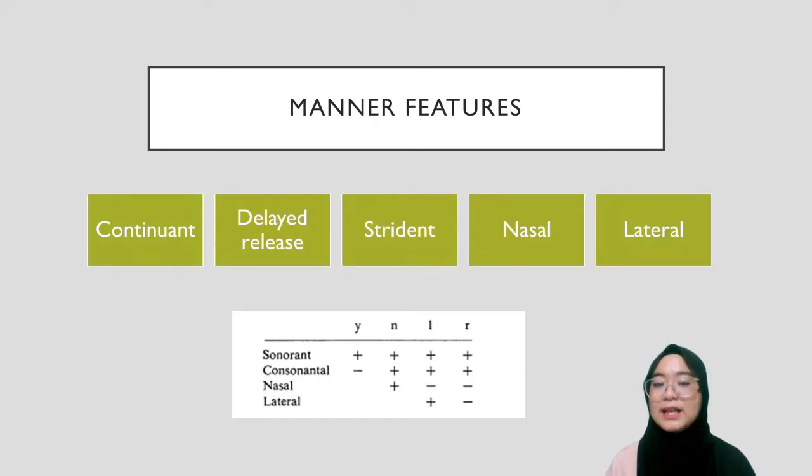Or we can also say that Y is only sonorant, N is sonorant, consonantal, and nasal, L is sonorant, consonantal, and lateral, but not nasal, and R is sonorant and consonantal, but not nasal and lateral.